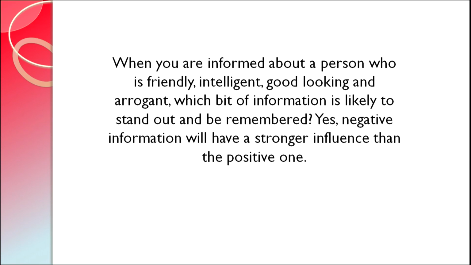That is, you are likely to ignore all the positive information about an individual and you would only remember the negative information, that the individual is arrogant. And this information will have a stronger influence than the positive one. That is, this information is likely to determine your attitude towards that individual instead of the positive information which you get. That is the negativity bias which we have towards the people around us or towards certain events around us.